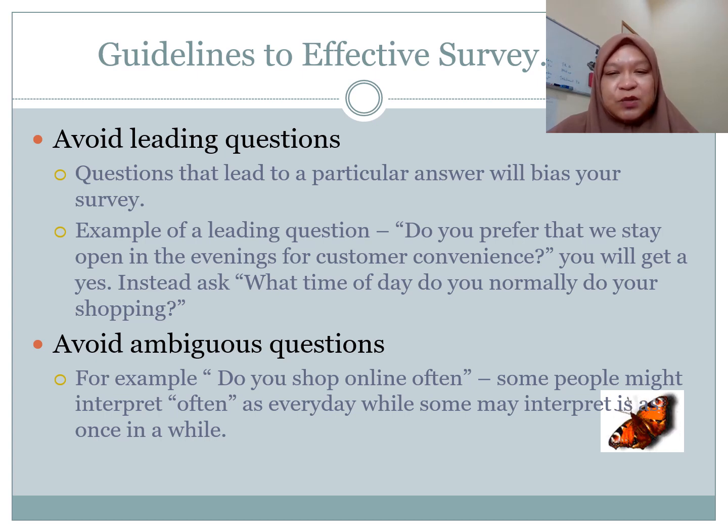In this question you clearly state that you have the intention to open in the evening, so you're hoping to get a yes as the answer. Instead you can ask, what time of day do you normally do your shopping? Your respondent will answer whether they do it in the morning, evening, afternoon, and so on, so they don't have the picture or the idea of what time you want to open your shop.